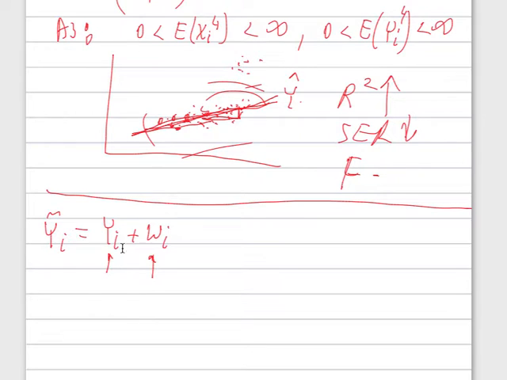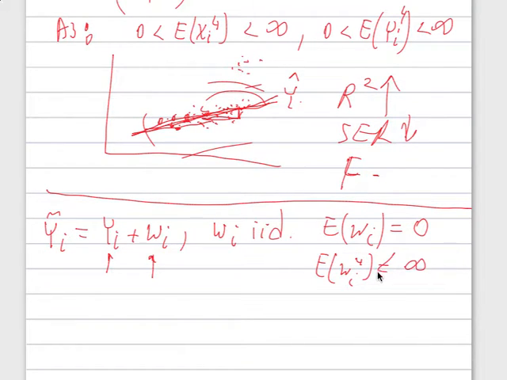So yeah, we have some sort of measurement error in our y. So y is the dependent variable here. However, what we know is that wi is iid, and it has expected value 0, and its fourth moment is less than infinity.